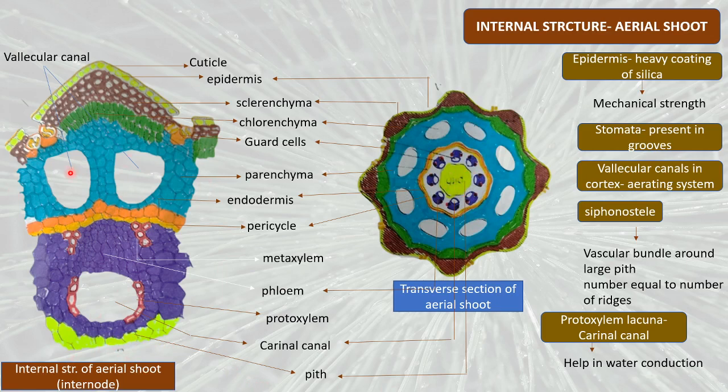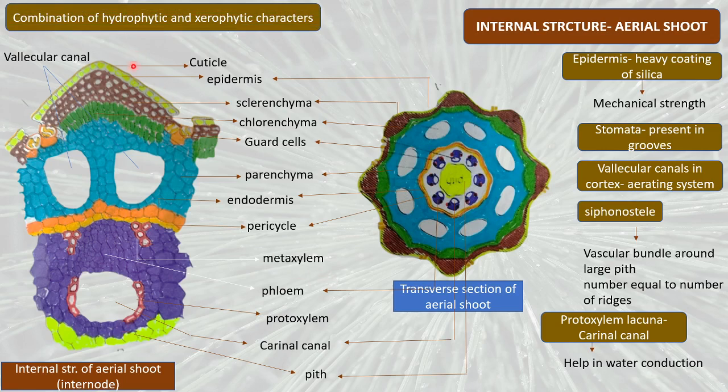So both of these structures are the same. This is the internal structure of the aerial shoot. This is just a part of the transverse section that you are seeing. The two main important things to understand here are the vallecular canal and the carinal canal, right? Vallecular canal is the aerating system and carinal canal is the water conducting system, right? So this is about the internal structure of the aerial shoot in the internode, the internodal area.